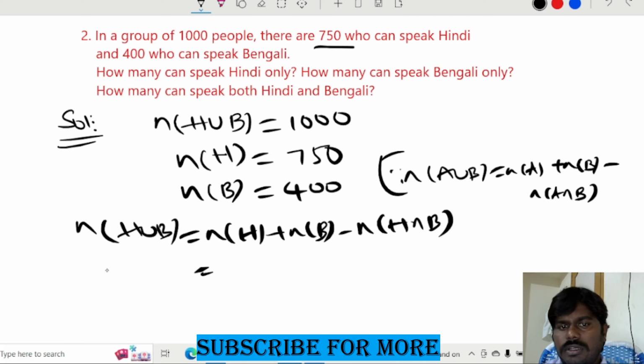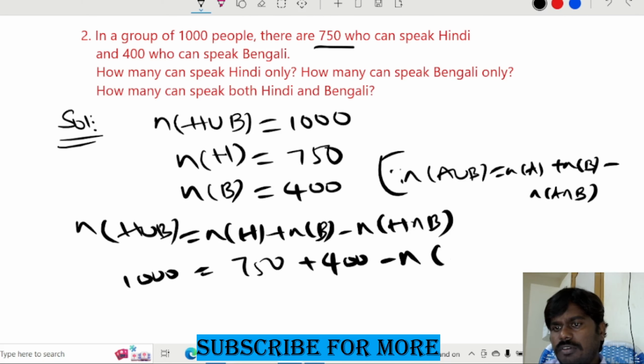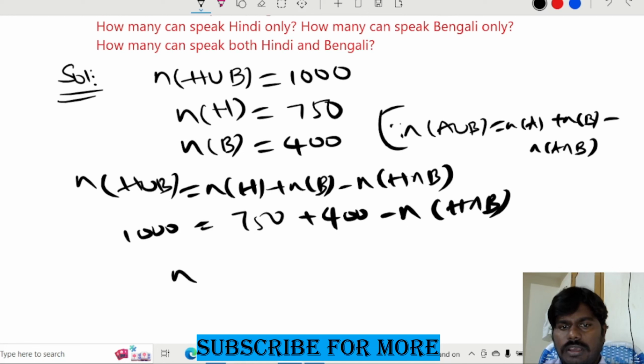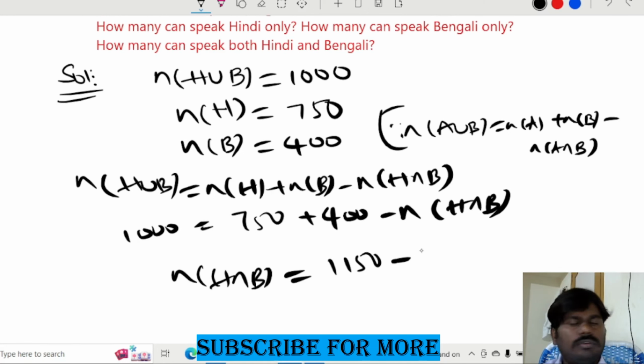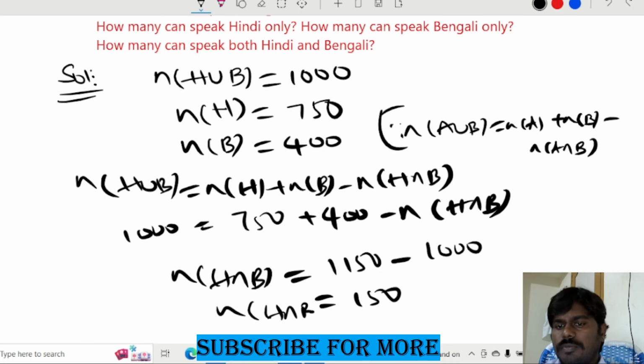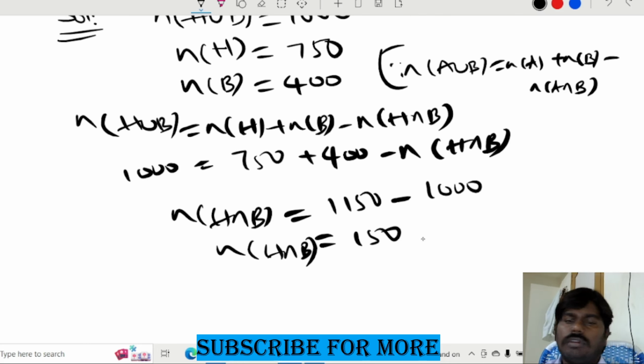So 1000 is equal to 750 plus 400 minus n(H intersection B). Now n(H intersection B) is equal to 1150 minus 1000, so 150. So the number of people who can speak both Hindi and Bengali is 150.